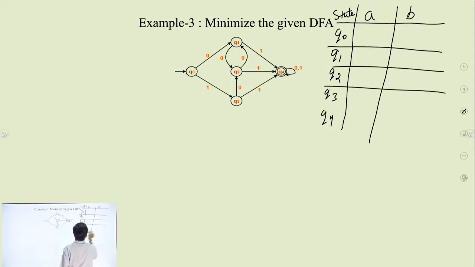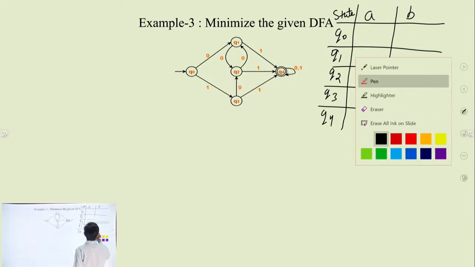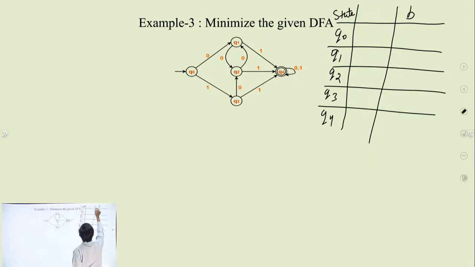Here there are 0 and 1 instead of A and B. Q node on input 0 goes to Q1, Q node on input 1 goes to Q3.